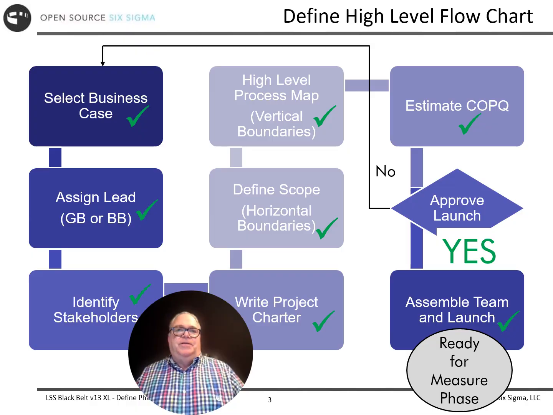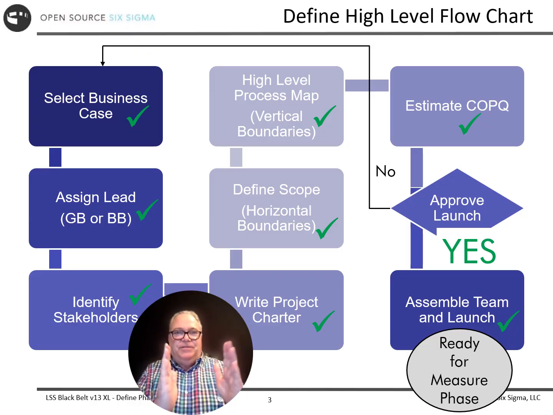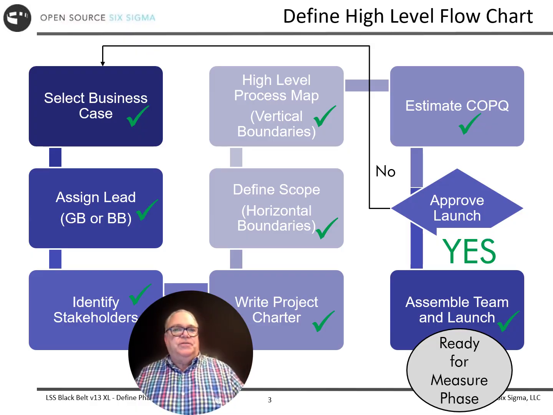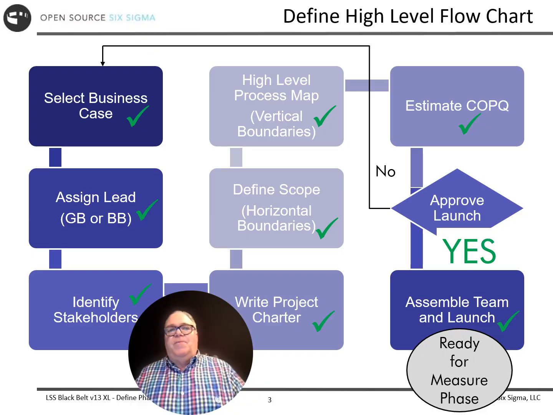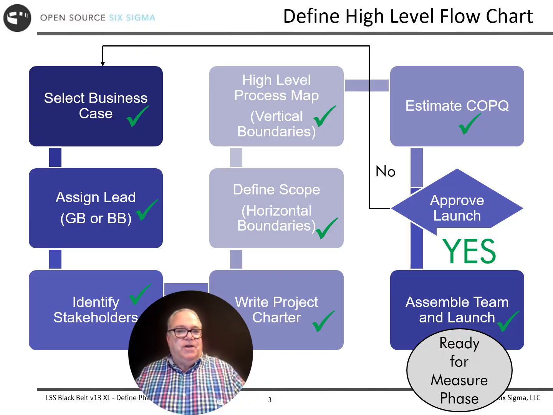And then we talked about using a high-level process map as the vertical boundaries of the process improvement. What's the first step and what's the last step? I'm going to focus on everything in between. And then we can adjust those boundaries as we need to if we find that we need to go upstream or downstream to solve the problem.